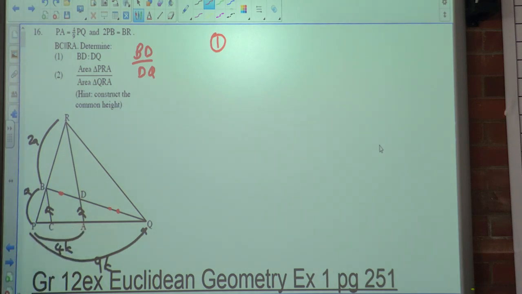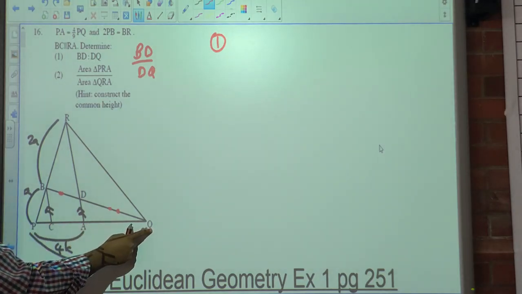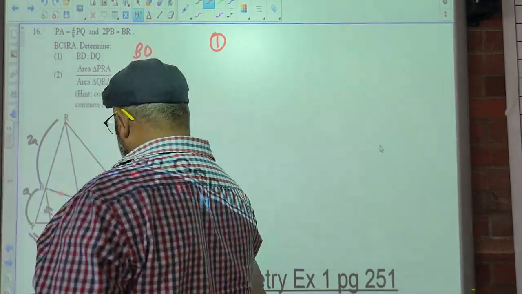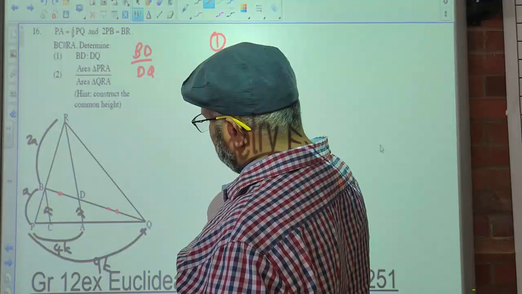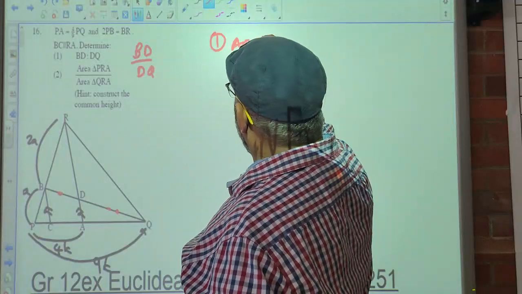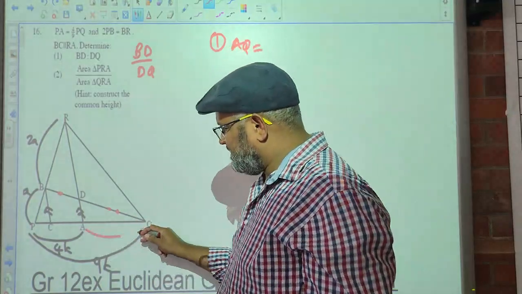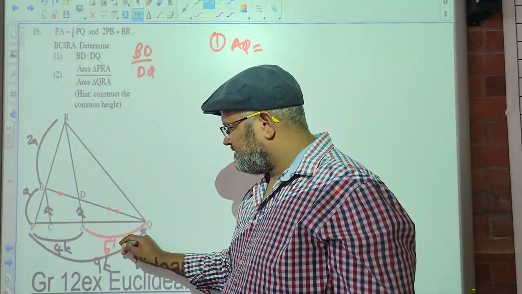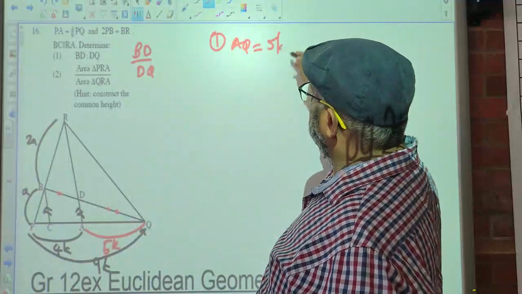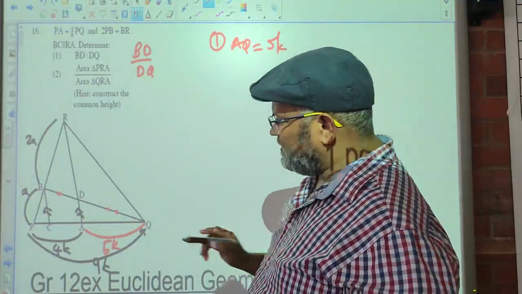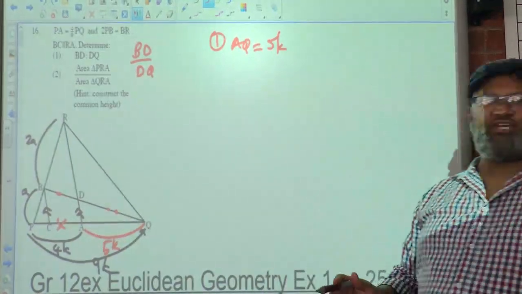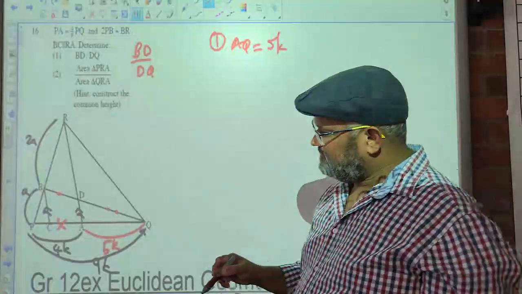I have PQ. I don't have CQ. So I need a lot of things here actually. We need to know what AQ is. What is AQ? AQ would simply be, in terms of K, 9K minus 4K, which is 5K. Okay, so that is fine. So what am I still shorting? CA. Now I must look in another triangle for CA, not so.